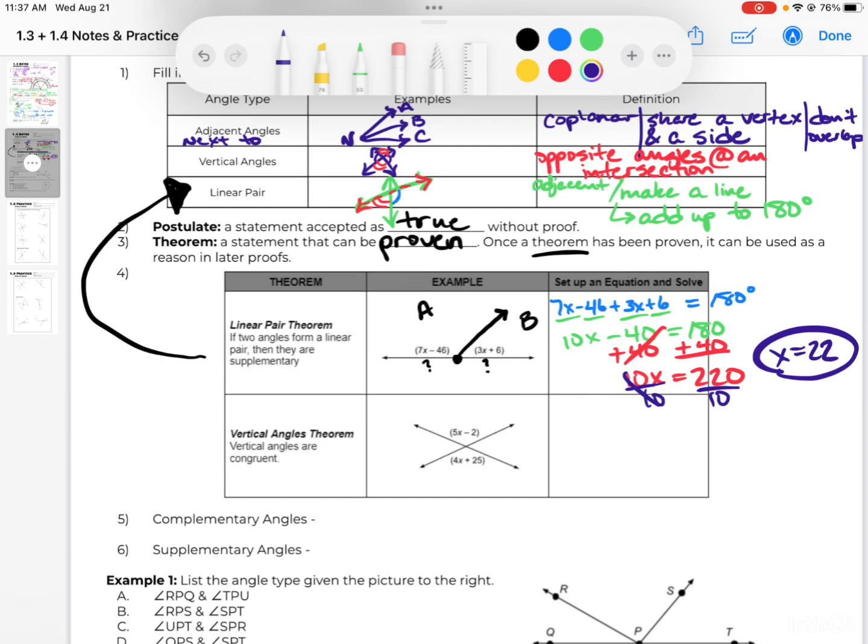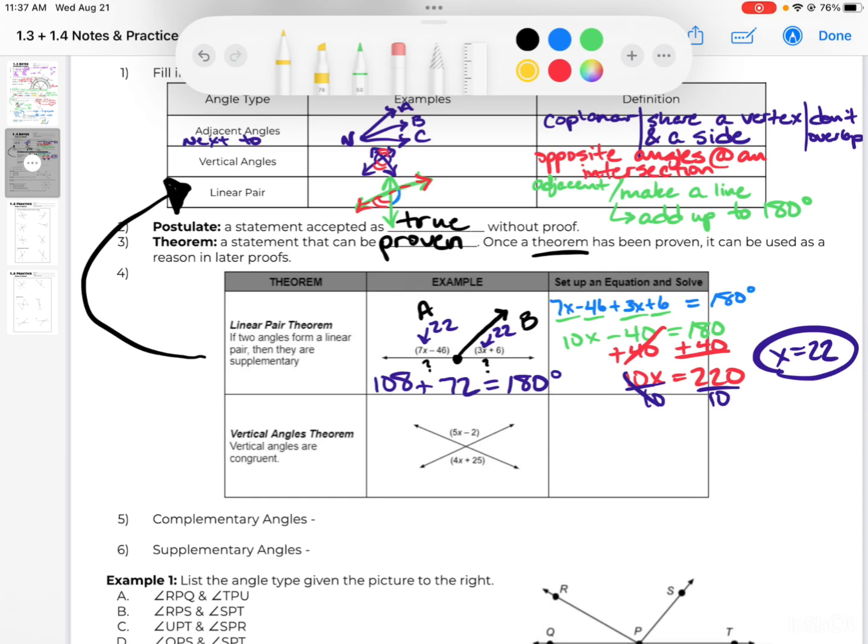If it said figure out what angle A is or what angle B is, you would plug in 22 for those missing values. And for angle A, you would get 108. For angle B, you would get 72. And if you add those together, just to check yourself, they do in fact add up to 180 degrees.